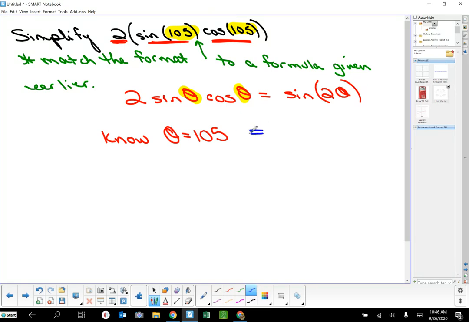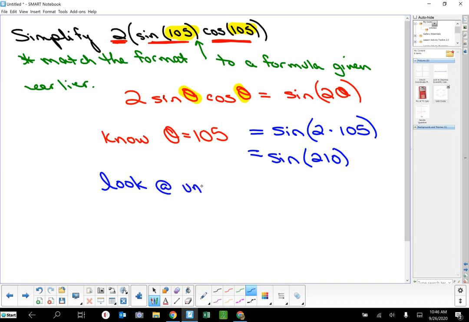We're going to say the sine of 2 times 105. Well, that means we're looking for the sine of 210. And if you look at your unit circle, we're going to find the sine of 210. And remember, all of the ordered pairs are cosine, sine.